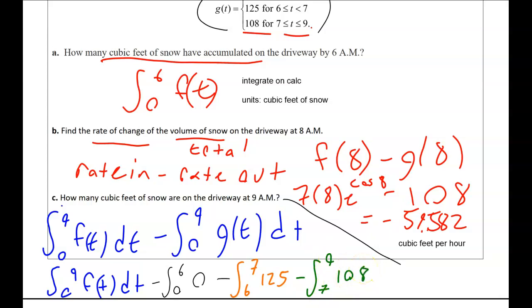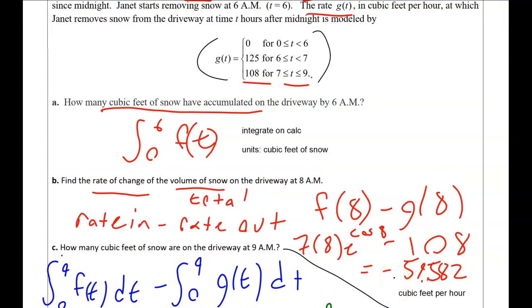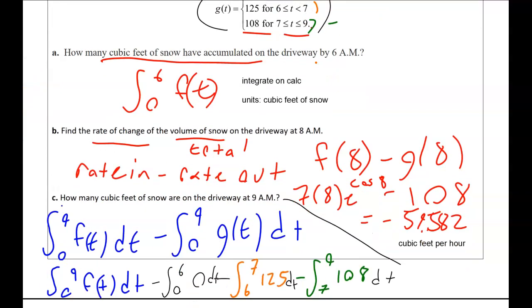And I should really say dt after all of these. It's just part of the notation. Okay, so notice where I got these. So here's my first bounds, here's my last bounds, and here's my middle bounds, right? So to integrate a piecewise function, we have to split that all up and integrate each piece separately.